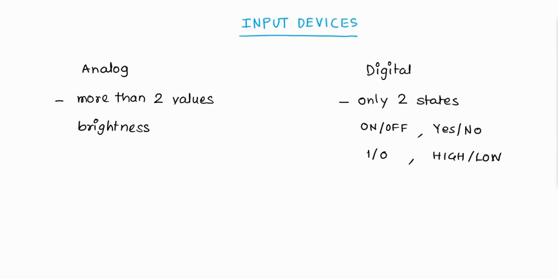I can say that the brightness is low or medium or high, or even I can have more shades to it. Okay, I can give some values and I can say, okay, brightness is out of 10, it is 2, 3, 4, 5, 6, 7. So there are more than two values, and in this case, brightness will be termed as an analog value.